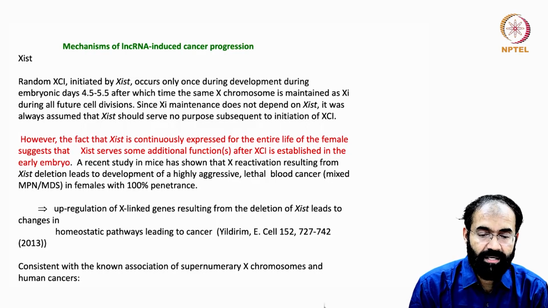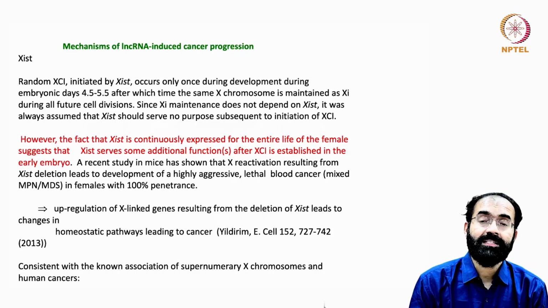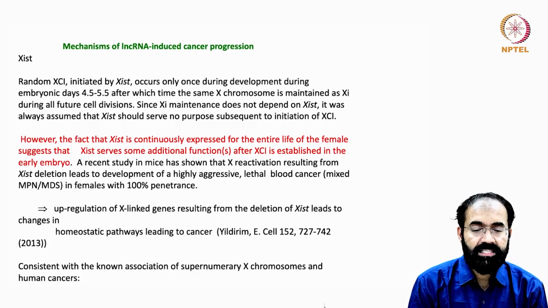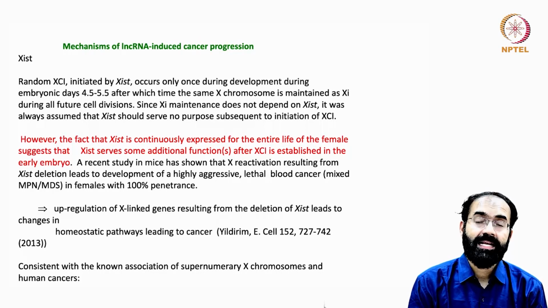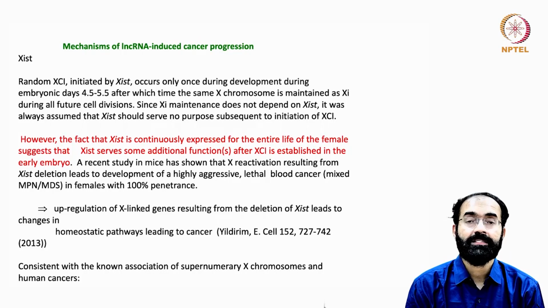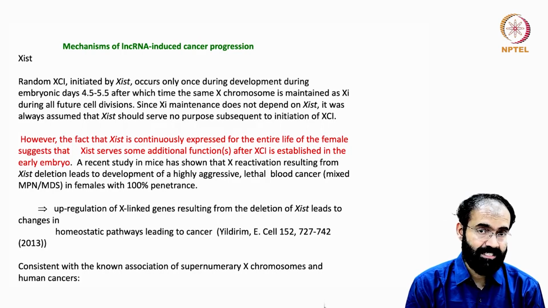So what we say here is that Xist is continuously expressed for the rest of the life of the female, and we know from a study that X reactivation can result from Xist deletion. Because reactivation is happening in the absence of Xist, it indicates that Xist was needed throughout life. If X is reactivated due to the absence of Xist, it can lead to a highly aggressive cancer, and it is 100% penetrance, meaning no one is an exception.